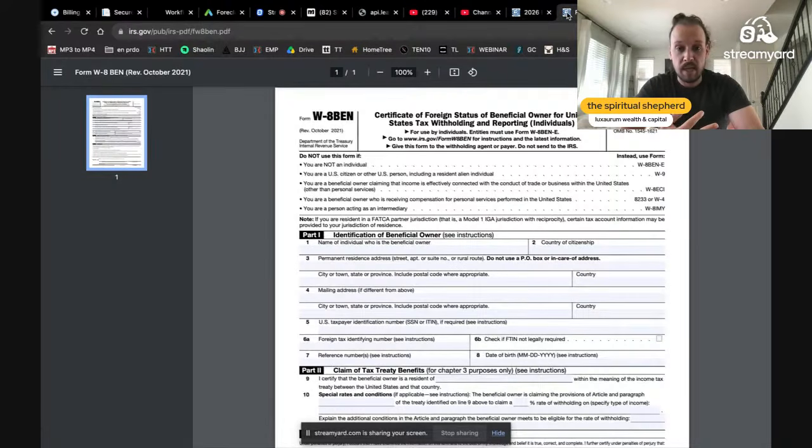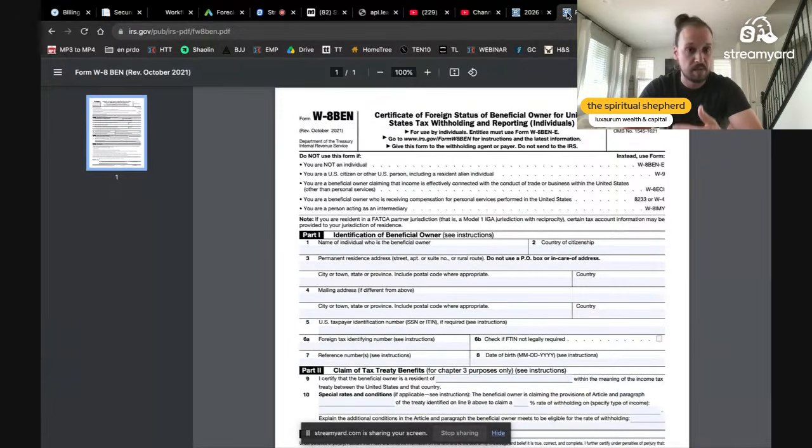The W8BEN is a certificate of foreign status of beneficial owner for United States tax withholding and reporting as what? Individuals. So you guys must do the W8BEN before you do the W4. You're going to create a certificate that you have asserted your foreign status as a beneficiary of what?